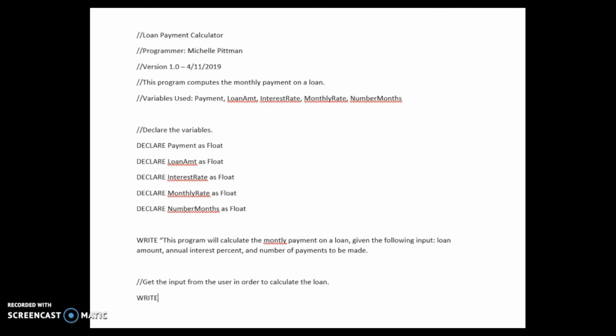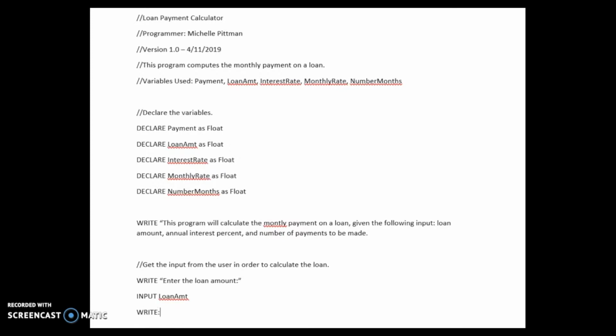So I'm going to say write, enter the loan amount. And then I'm going to have an input. And I'm going to write again. I'm going to tell them to write it as a percent because I have that calculation up there. Give your user as much information as you need so that they input the right information.